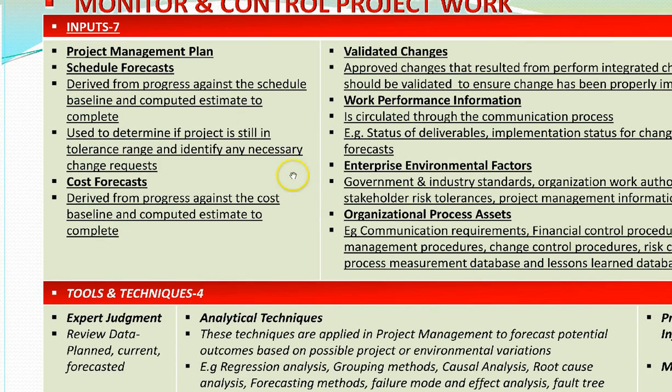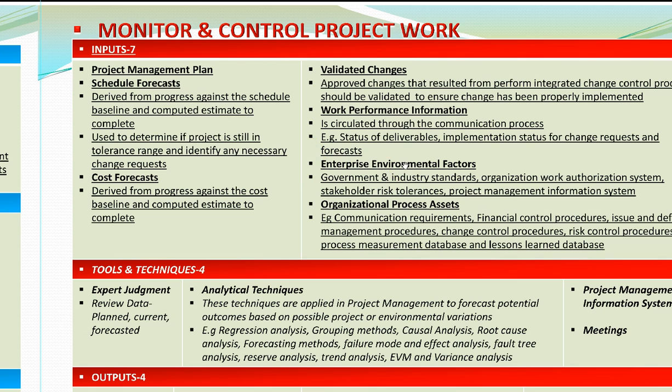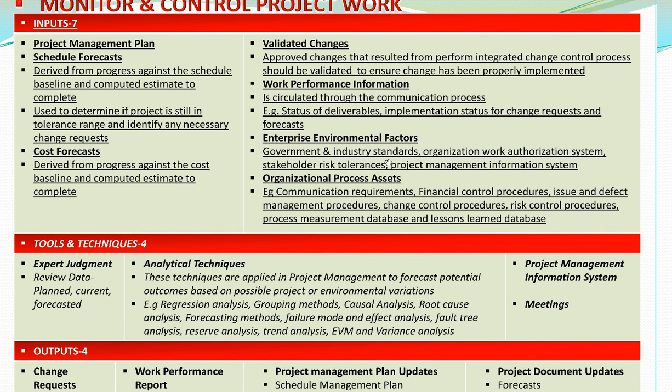So these have a total of 7 inputs. Now you don't need to memorize all these inputs, tools and techniques and outputs, but you have to understand exactly what each and every term means. And then when you are asked questions, it'll be a lot easier for you to answer.